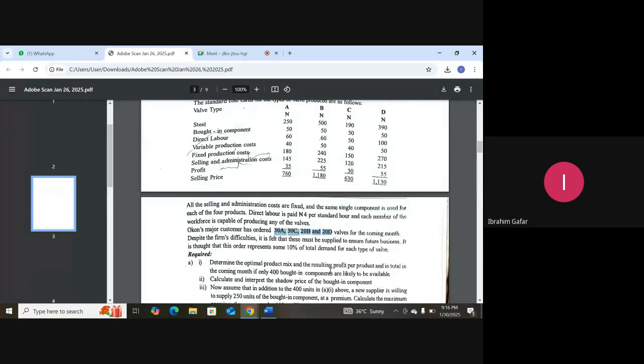It is only 400 bought-in components that are likely to be available. Then you can see also here that bought-in components is the limiting factor, and it is only 400 that is available. But here also we can see that Ocon, a major customer, has ordered this valve for the coming month.